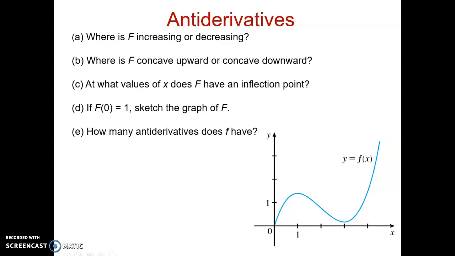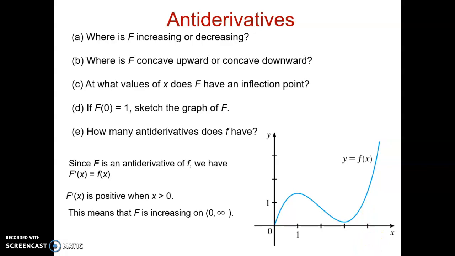Well, capital F will increase wherever the derivative curve, which is the little f, is positive. Well, wait a minute. This curve, little f, is positive everywhere. So since capital F is the antiderivative of f, the derivative of the big curve, capital F, is given by this curve.